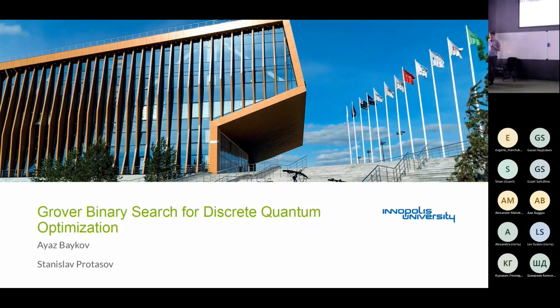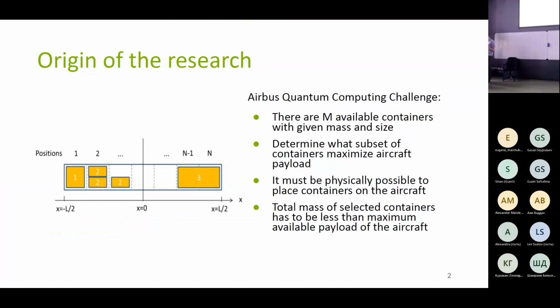I'd like to tell you about our research, which we're doing with Professor Protasov throughout the year now. It is about Grover binary search, which we called it, for discrete optimization problems. It all started with this Airbus quantum computing challenge, where a company wanted to know how they can maximize the profit by maximizing the useful payload of a single flight.